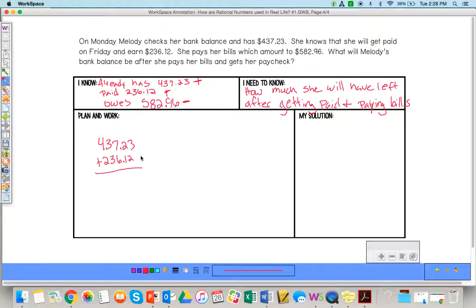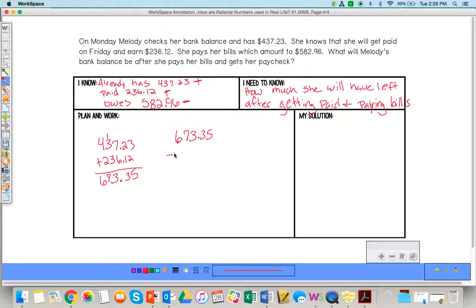So we just add those two together, we line up our decimals. So 3 plus 2 is 5, 2 plus 1 is 3, 7 plus 6 is 13, that is 7, and that is 6. So after she puts the money that she gets paid in her bank account, she's going to have $673.35.